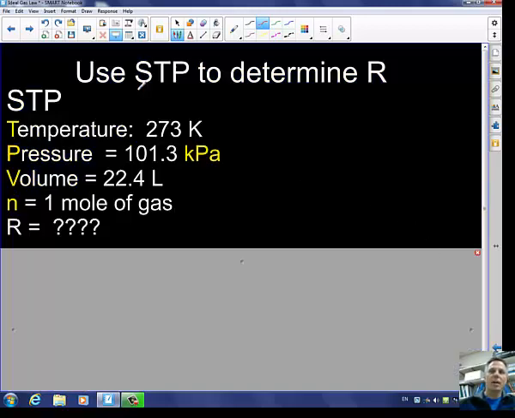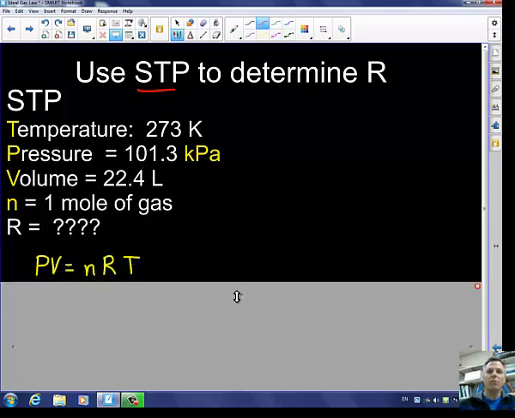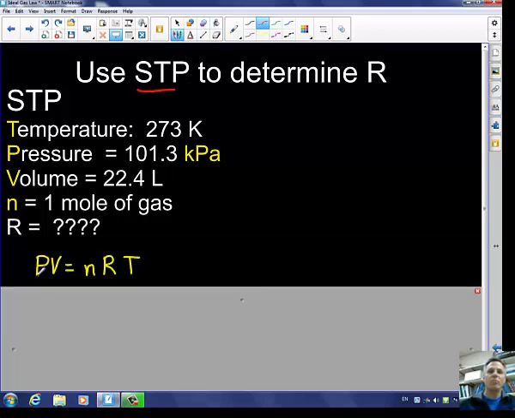So let's use STP to determine the value of R for our ideal gas law equation, which is PV equals nRT. In order to figure out what R is, we need to know what P, V, n, and T are. Well, we know the standard temperature is 273 Kelvin. Standard pressure, we're going to use kilopascals, is 101.3 kilopascals. The volume is 22.4 liters if we have 1 mole of gas.